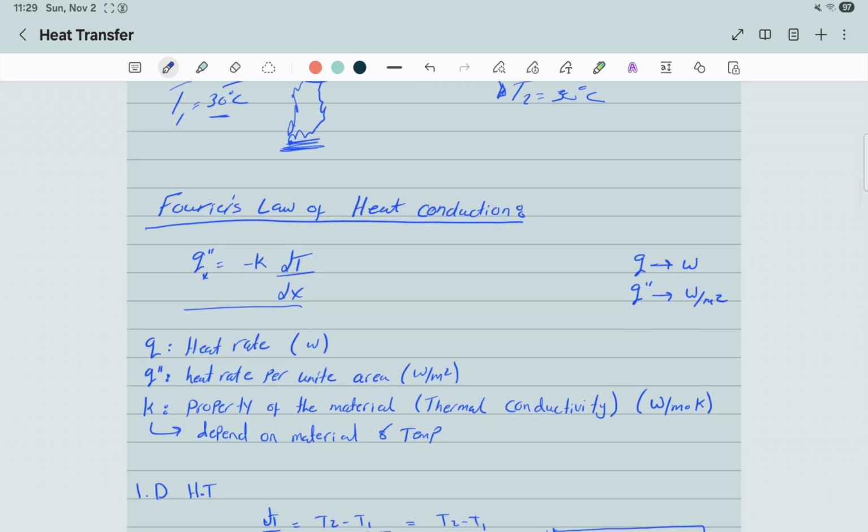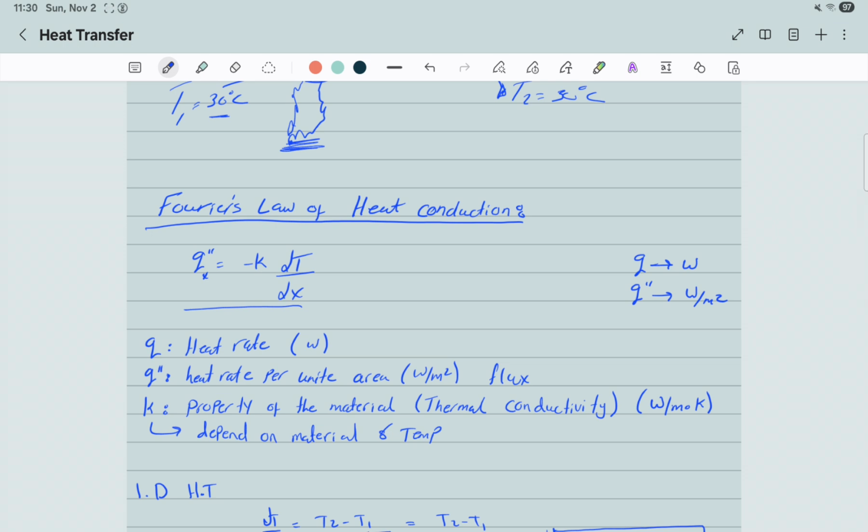So he found Fourier's law of heat conduction, which basically states that the heat rate per unit area, which is also called flux, equals negative k. k is a property of the material, also called the thermal conductivity.